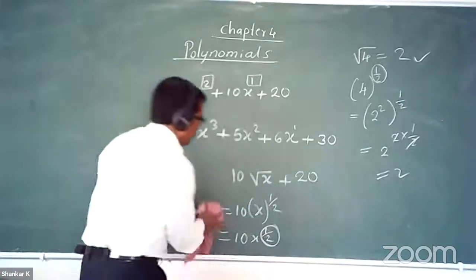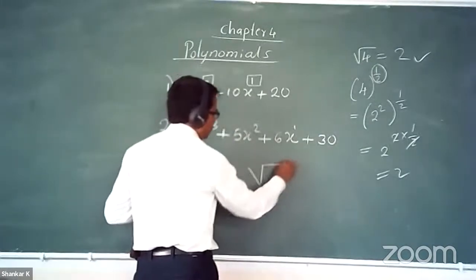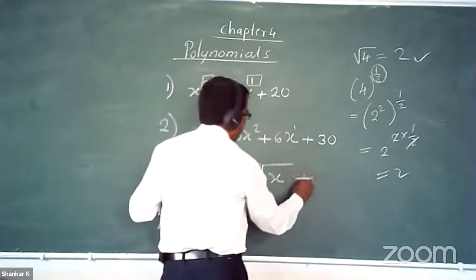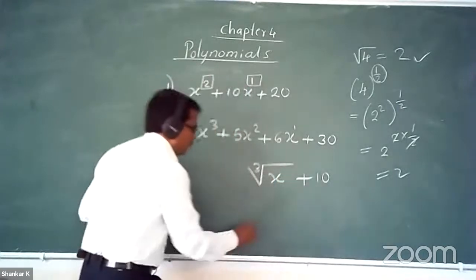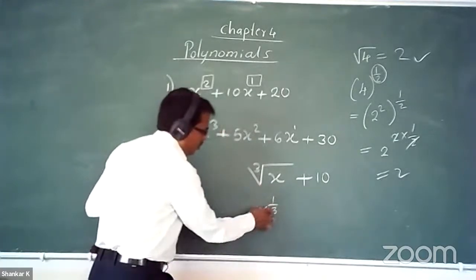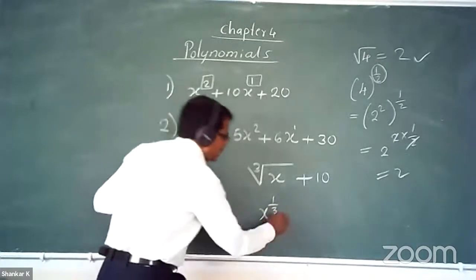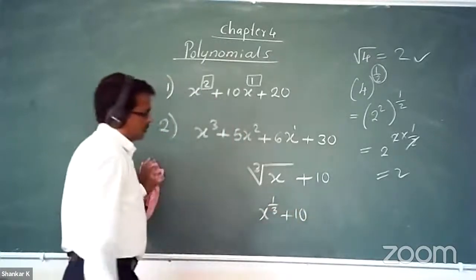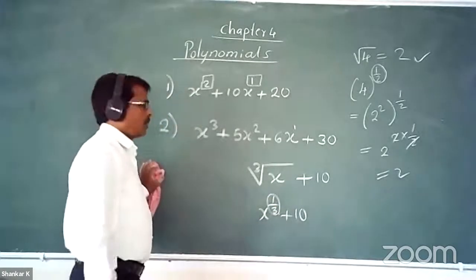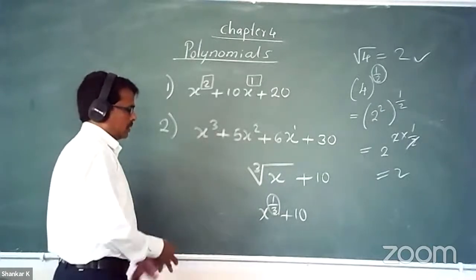One more example. For example, cube root of x plus 10. Cube root of x we write as x raised to 1 by 3. This notation also you have studied in 8th standard. Here the exponent is not a whole number, therefore it is not a polynomial.